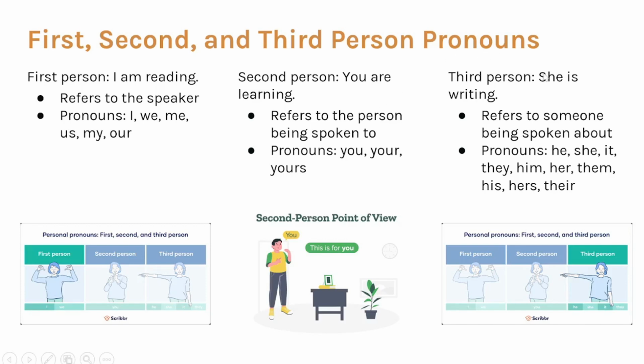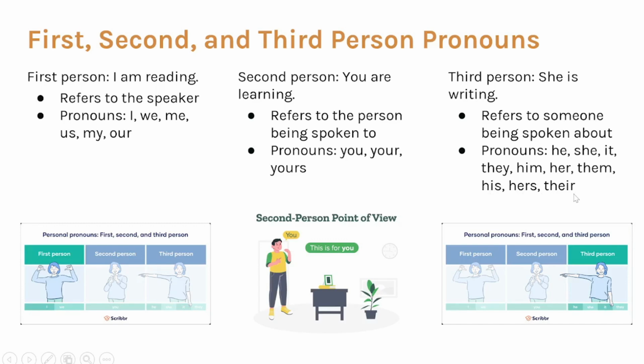And then the third person is the person being spoken about. If two of us are talking, the person we are talking about is what we call the third person. The pronouns we use are he, she, it, they, him, her, them, his, hers, and their.